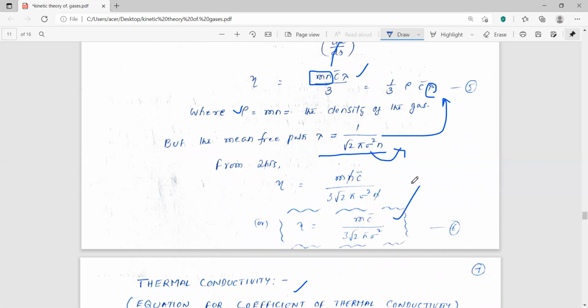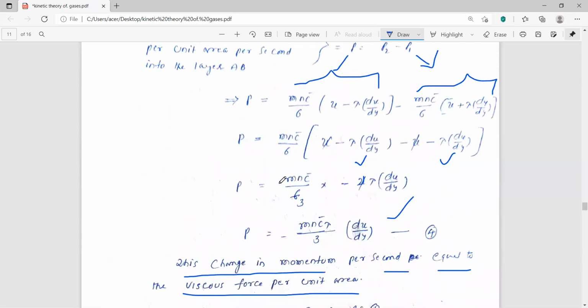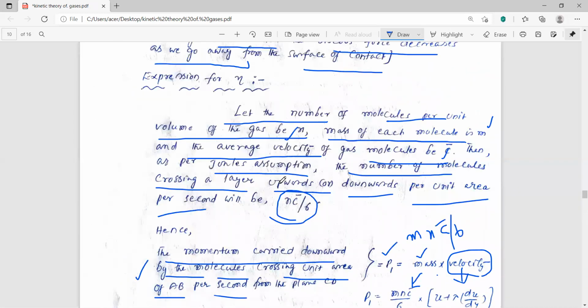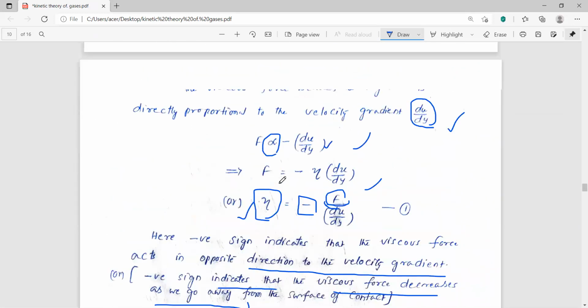This is the equation for the coefficient of viscosity, which explains the viscous force between the layers. So this is how one can derive the equation for the coefficient of viscosity.